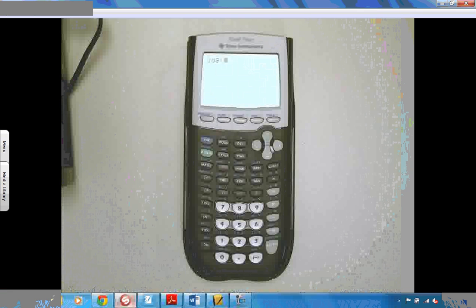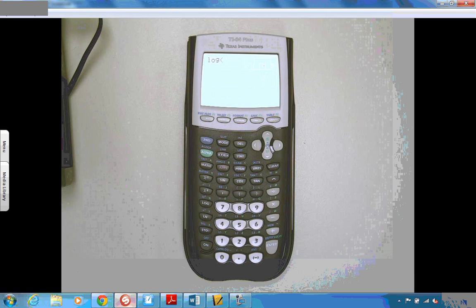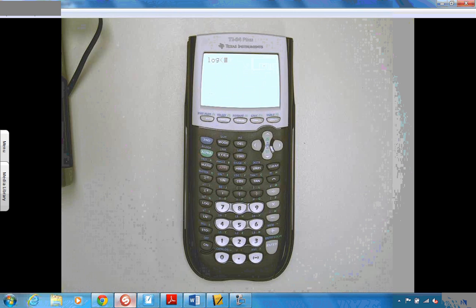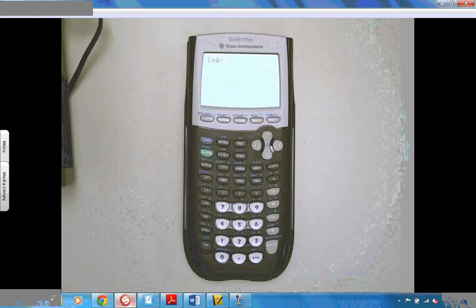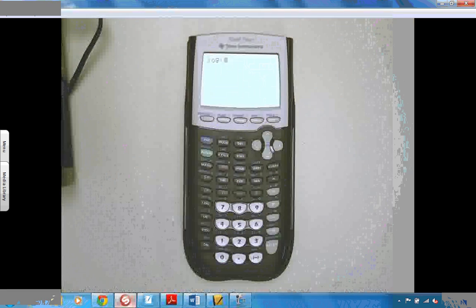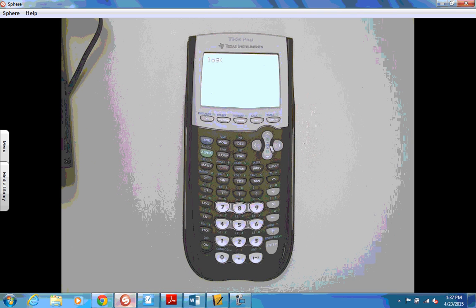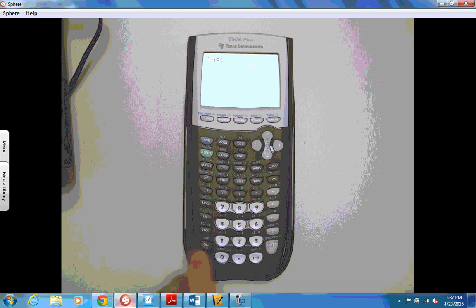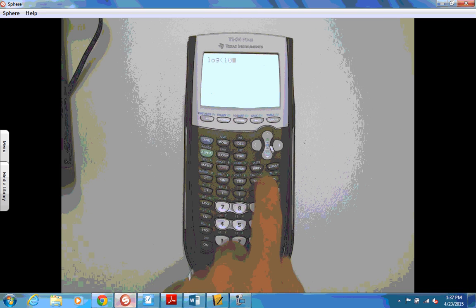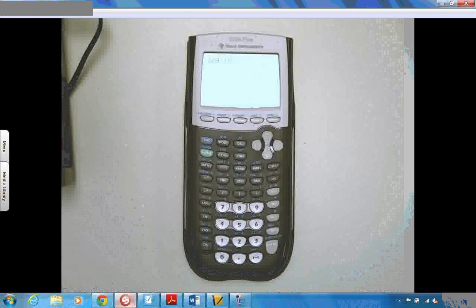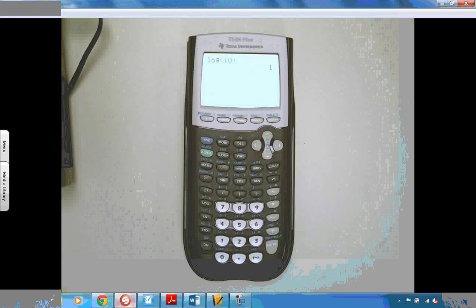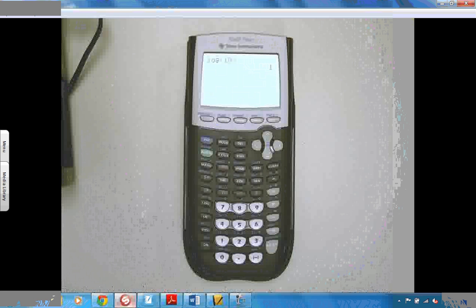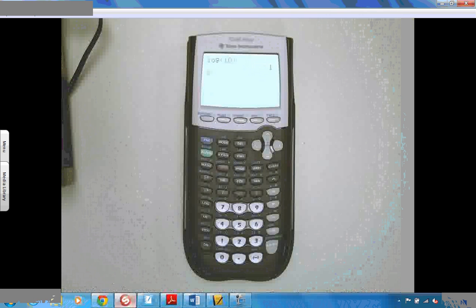All of your calculators have a default setting to use common log. So what is the base on this log? 10. So if I do common log of 10, what should I get? 1, right? Because 10 to the first is 10. So if you just hit the log button, it's going to do base 10 automatically.